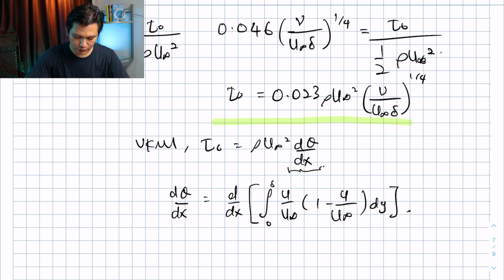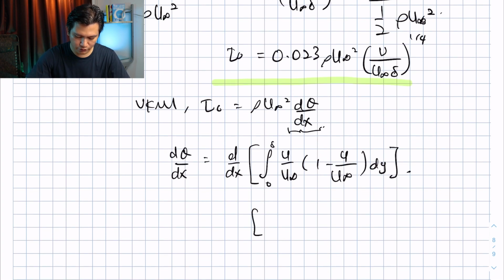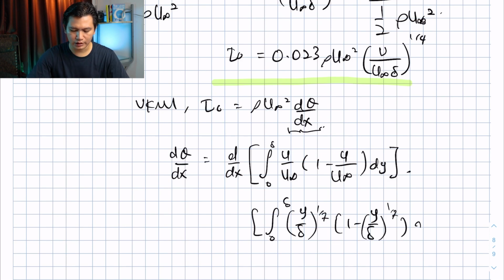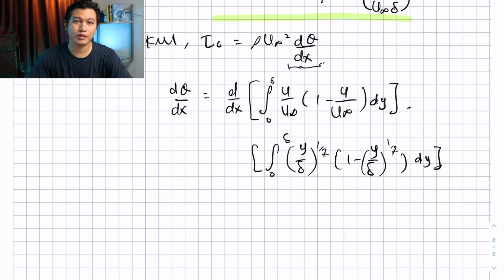We know that u over u infinity is y over del to the power of 1 over 7, so it is y over del to the power of 1 over 7 times 1 minus y over del to the power of 1 over 7, dy. We need to solve this equation to find the von Karman momentum integral for tau.